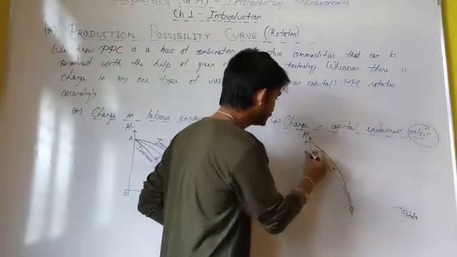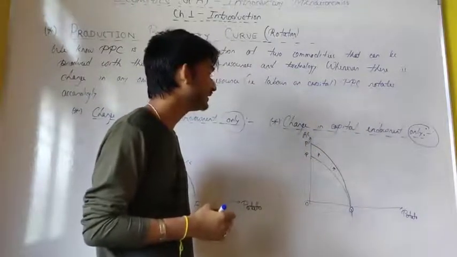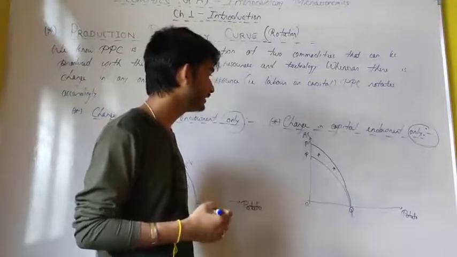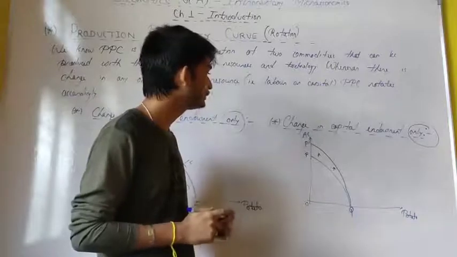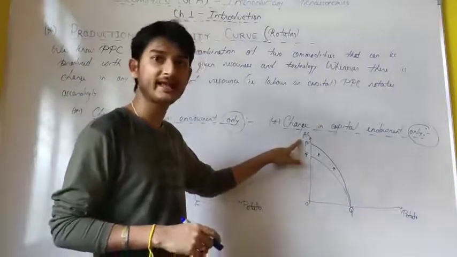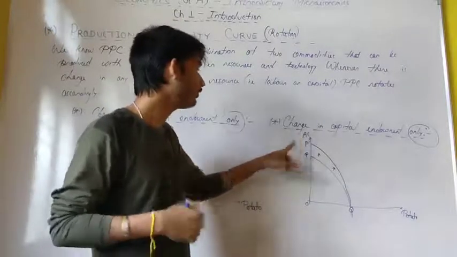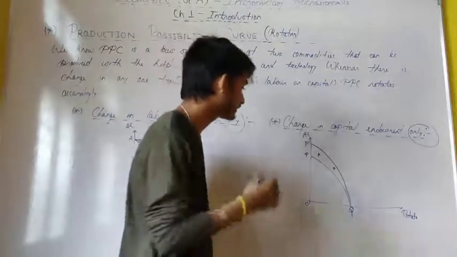PQ rotated to P dash Q because the increase is associated with capital endowment only, and it is a positive change, and hence we could produce more of AC because we have more stock of capital, and with more stock of capital we can produce more of the capital intensive item, not the labor intensive item.